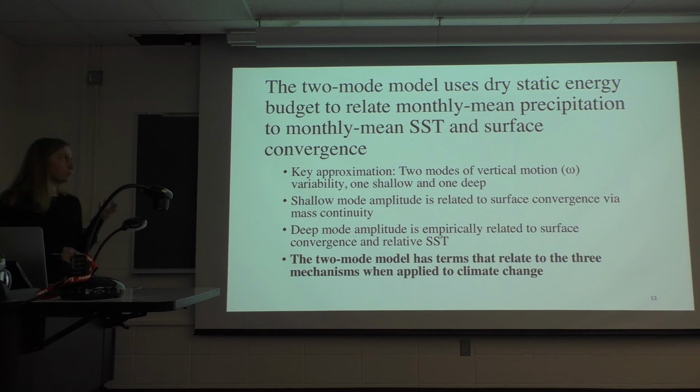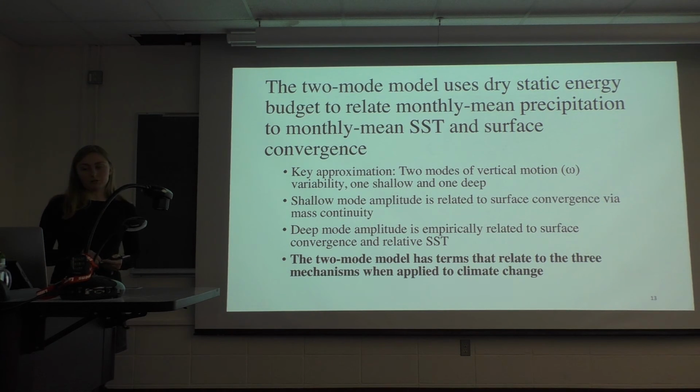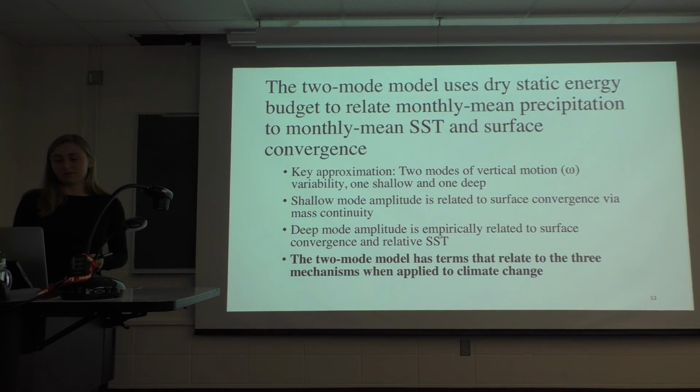It's called the two-mode model because vertical motion is divided into its two modes of variability, a shallow mode and a deep mode. The shallow mode is related to surface convergence, and the deep mode is related to surface convergence and SST. The reason this is useful for the climate change context is that when applied to climate change, it ends up having a term that corresponds to those three mechanisms that I introduced. And so we can isolate them to study the mechanisms.